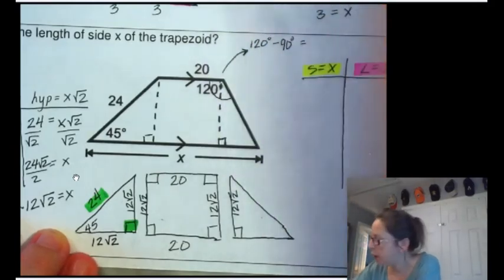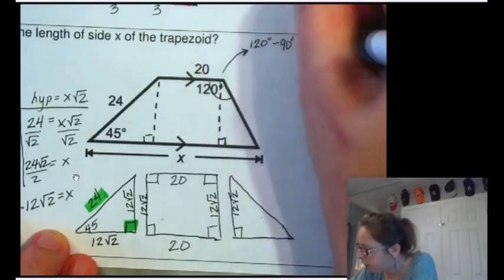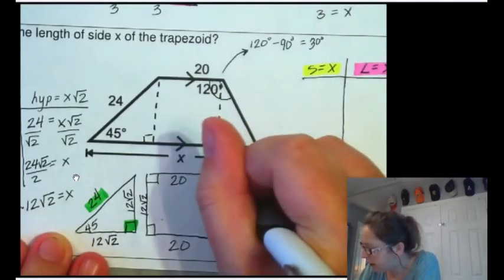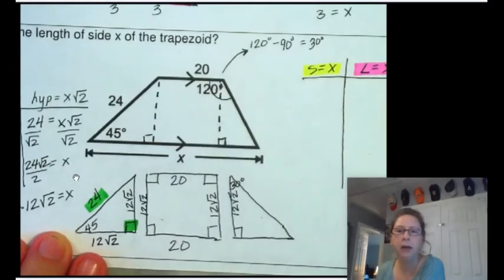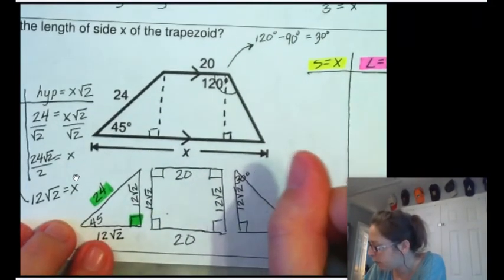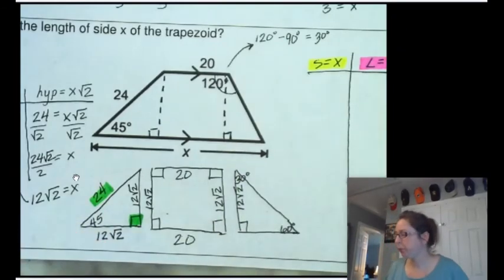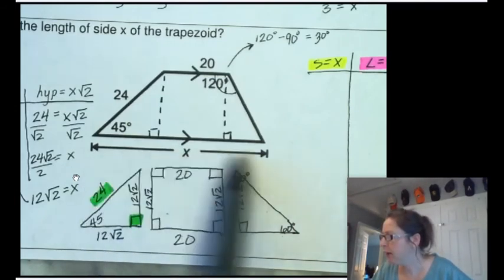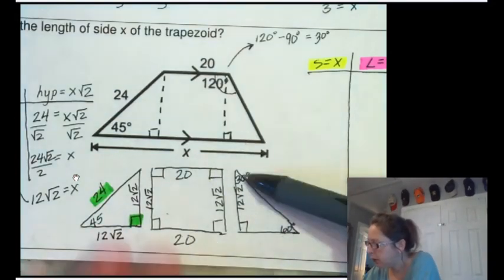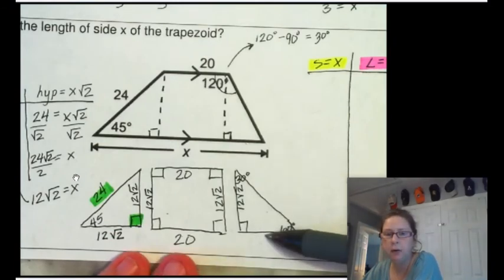And what I end up with is 30 degrees. Okay, so this triangle has a 30-degree angle up here, which means that this down here has to be 60 degrees. So here's what I'm missing out of this triangle to answer the question, what is the length of x? I need to know this side down here opposite the 30-degree angle.